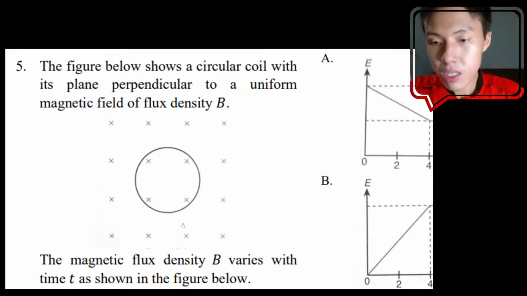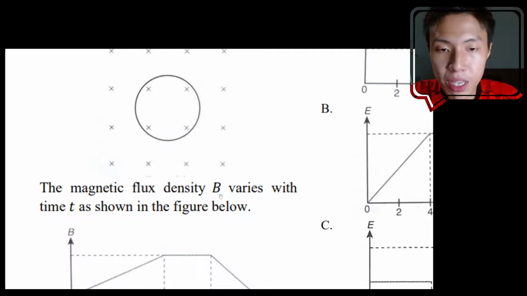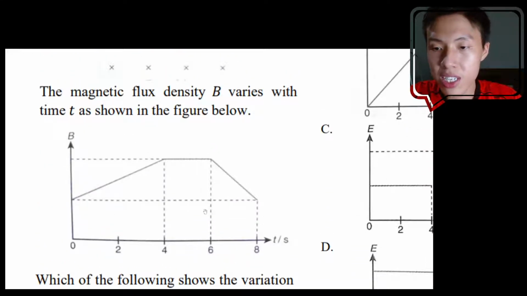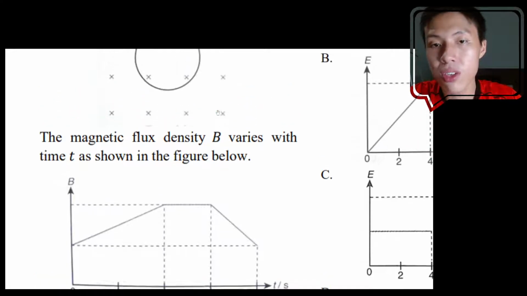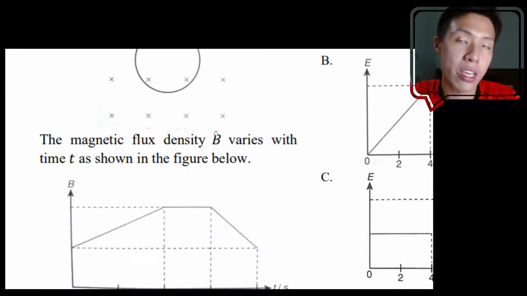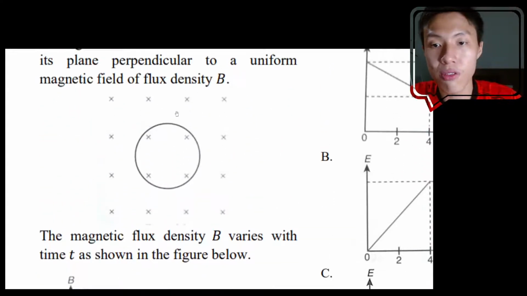The magnetic flux density B varies with time as shown in the figure below. So you can see that the magnetic field initially increases, and after that it remains constant, then it decreases. So you know that the change in magnetic field here is going to cause a change in magnetic flux through the coil. If you change the magnetic field passing through the coil, then you're going to change the magnetic flux of the coil.